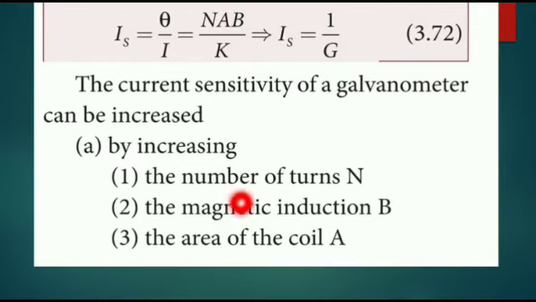If you increase the area of the coil, the sensitivity increases. But if you decrease these, the sensitivity also decreases. These are three important factors for increasing the current sensitivity of a galvanometer.